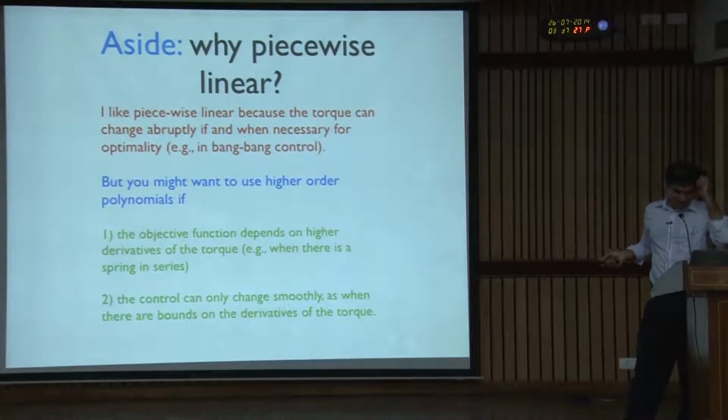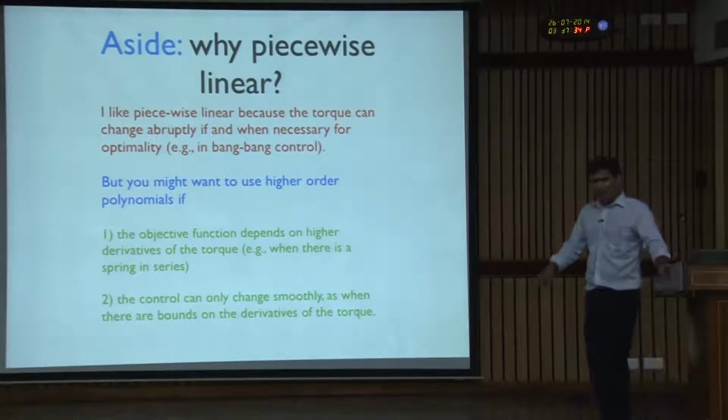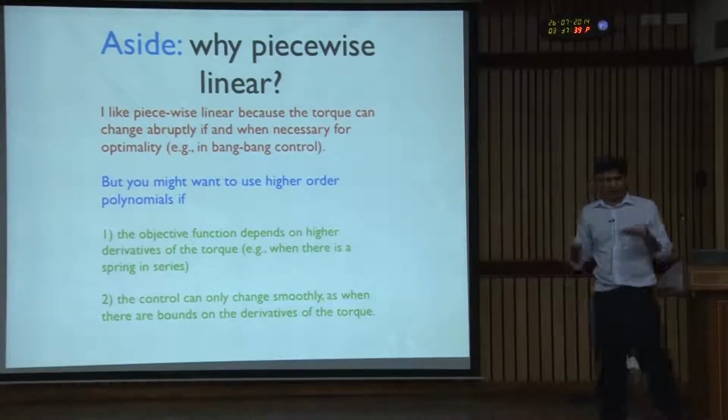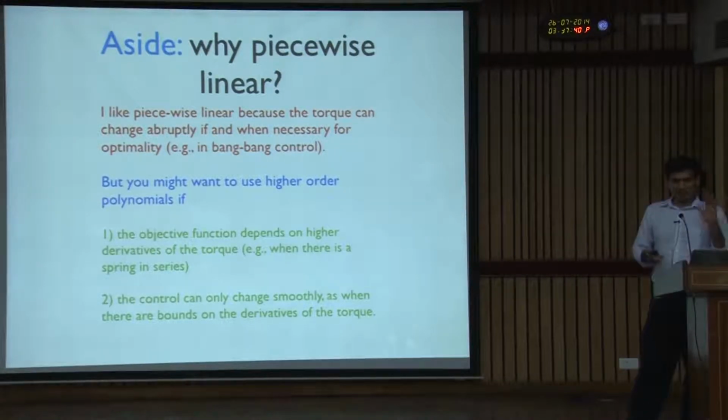So that's just some description of why piecewise linear. There are some technical reasons. One technical reason is that at least some of these optimization problems involving human movement and animal movement, minimizing or maximizing torques or energy subject to constraints at torques and forces, sometimes has very sharp changes in the torque profile or the force profile.